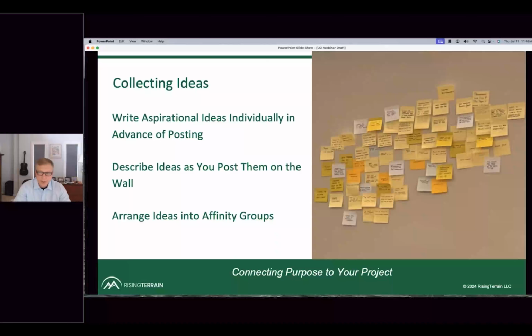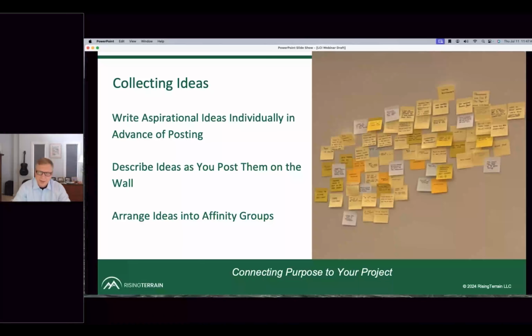And what's really good when you get a group of, whether it's 6 or 20 people together, is to spend a few minutes, maybe 5 or 10 minutes, writing down the ideas that you have on sticky notes. And then you start to, person at a time, post them up there, and start to arrange them into affinity groups.